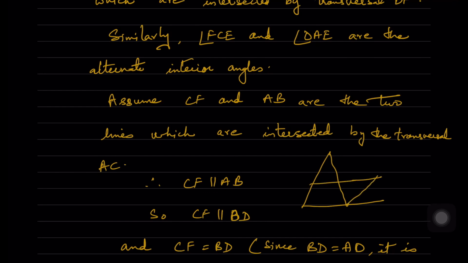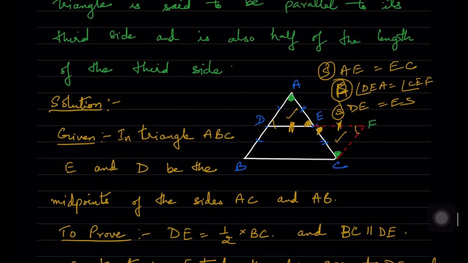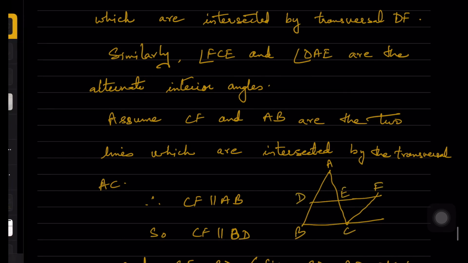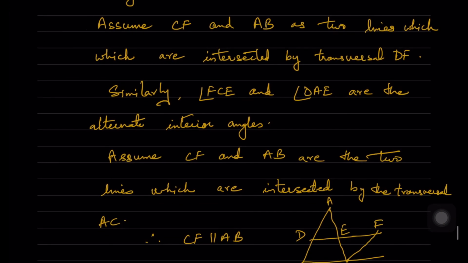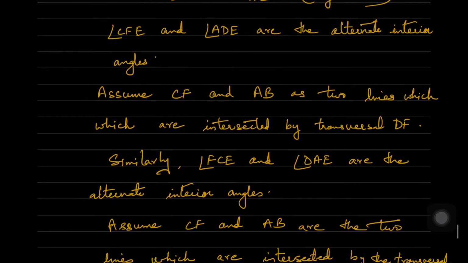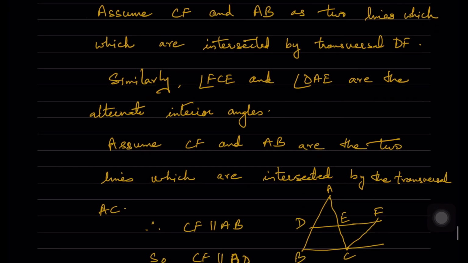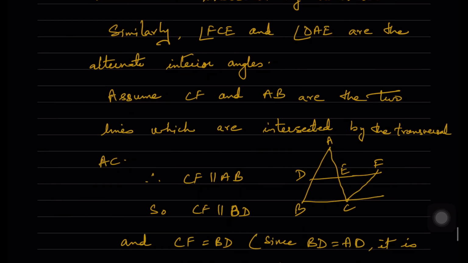We have taken it in this way, so this is named ABCDEF. Here it is telling that CF and AB are two lines intersected by transversal DF. Next, similarly, it asks you to assume that CF and AB are two lines intersected by the transversal AC. So we can see what the alternate angles are over here.